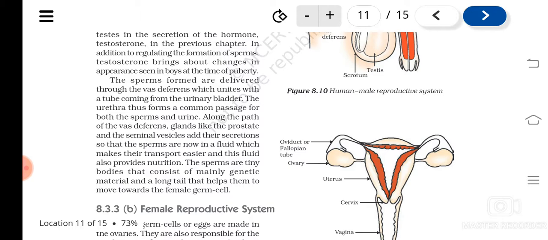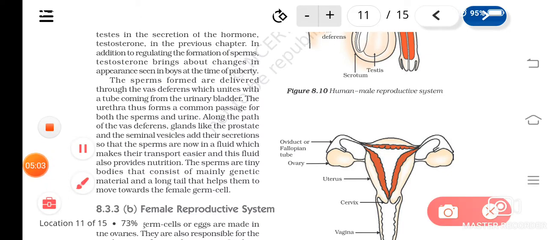Understood? Then there are glands like the prostate gland and seminal vesicles, etc. What do they do? What are the glands? The prostate gland and seminal vesicle. So they secrete certain secretions, and the sperms will be present in those secretions. Understood? So what is the function of this? They make the transport easier.